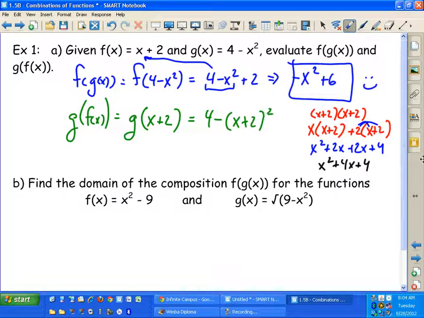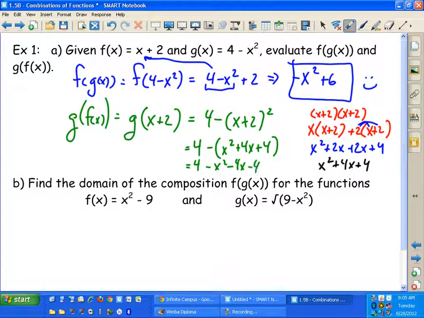And so my close to final answer is 4 minus, now be careful because (x plus 2) squared was in parentheses, meaning I'm subtracting it, so I've got to rewrite this whole thing with the parentheses to make sure that I distribute this negative to everybody. So 4 minus x squared minus 4x minus 4.